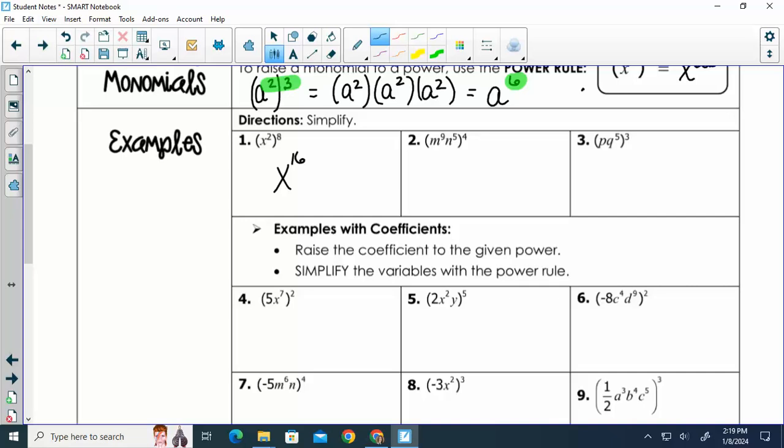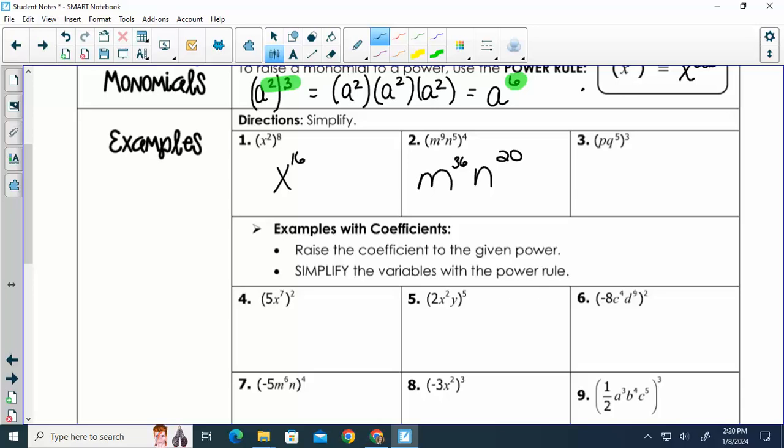Okay, number 2. I have both an m and an n inside my parentheses. So what do you think that means? Yes. We take this 4 to both of them. So it becomes m to the 36th power and n to the number 3.